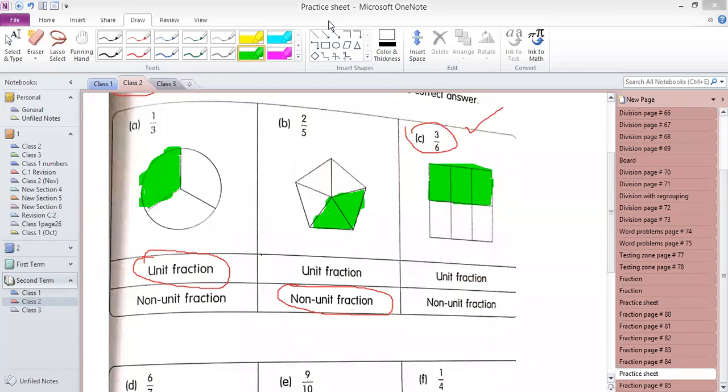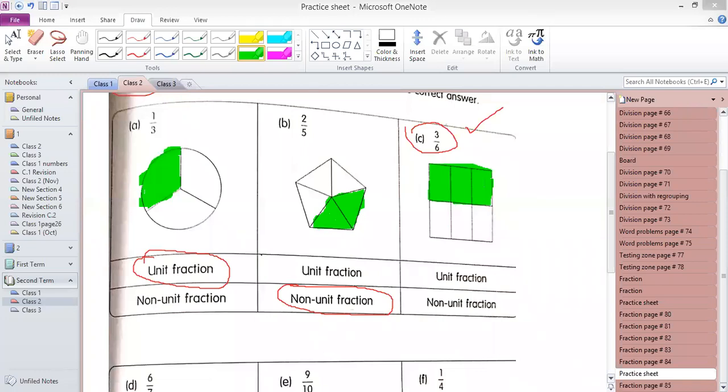Yes, sir. 3/6 is a unit fraction or non-unit fraction? Non-unit fraction. Why? Because it does not have one up. Good, very good. That's exactly right, guys. 3/6 is a non-unit fraction because in the numerator it is 3.